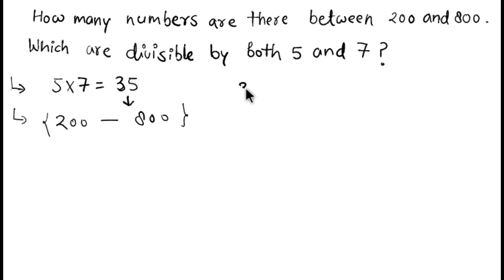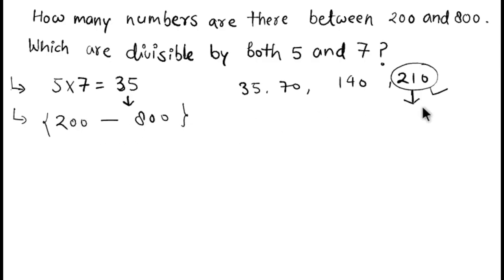For that, I just write the multiples of 35: 35, 70, 140, and 35 times 6 is 210. I can see that 210 is the minimum number which is divisible by 35, and it comes between 200 and 800.